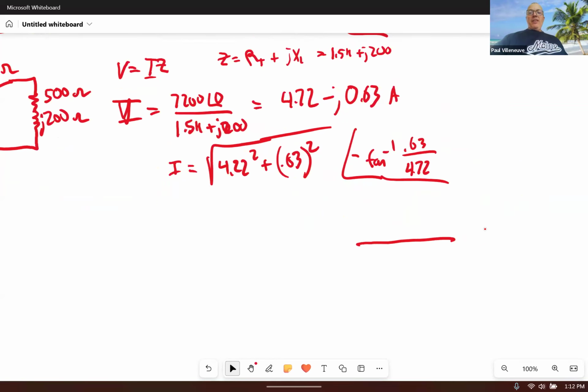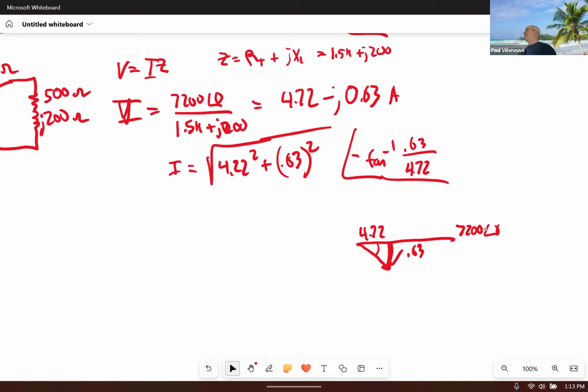So this is my voltage, and my current is down here, right? The voltage is at an angle of 0, so it's 7,200 at an angle of 0. How do I get this angle? Well, I know this is 0.63 and this is 4.72. So can I SOHCAHTOA it?